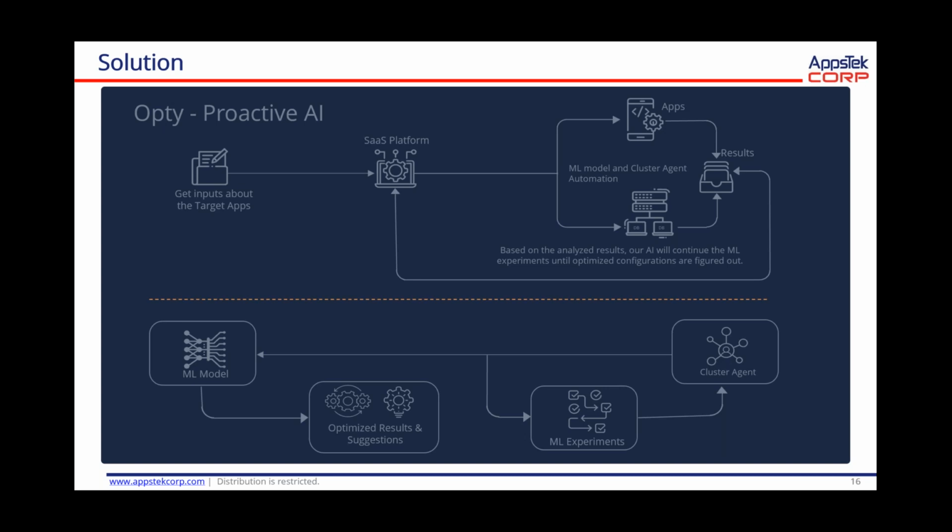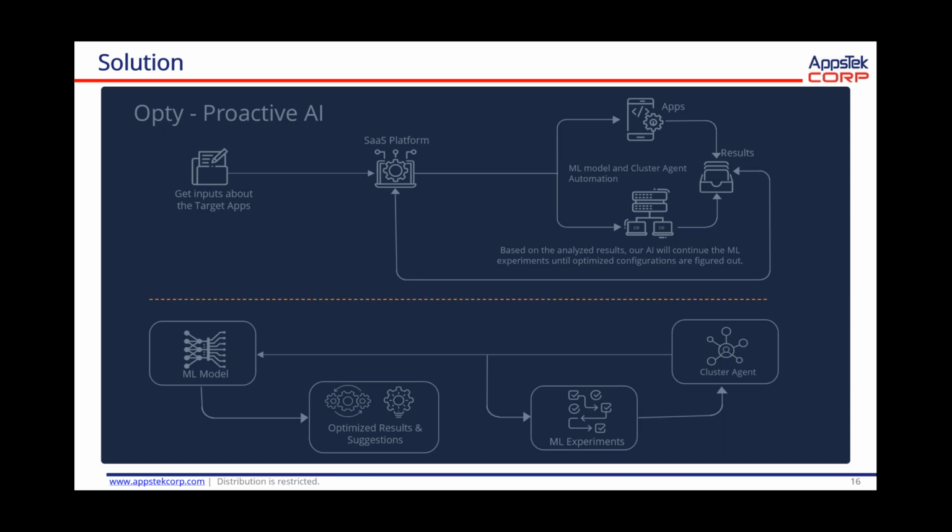We didn't build our AI solution in a way where it depends on historical data, or only simulates your production environment and then tries to do predictions. No, it is actually doing the experiments. It's basically playing the game with your Kubernetes ecosystem and the workloads running inside Kubernetes, and then figuring out the optimal values based on the data it's able to generate.